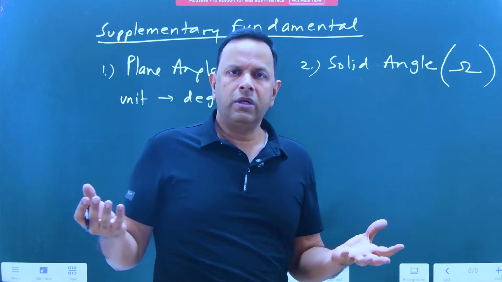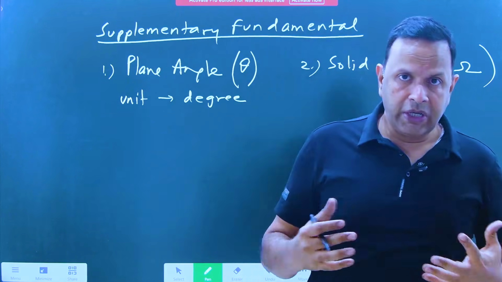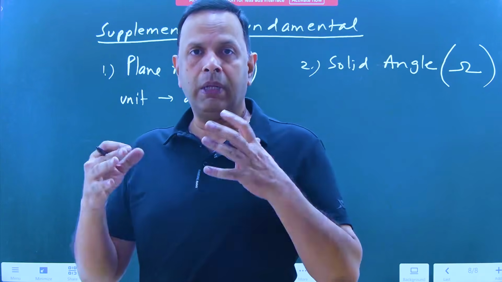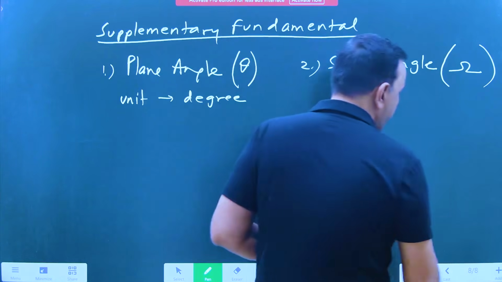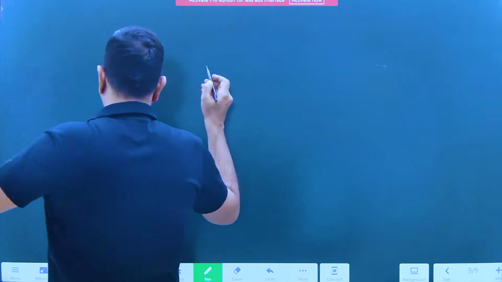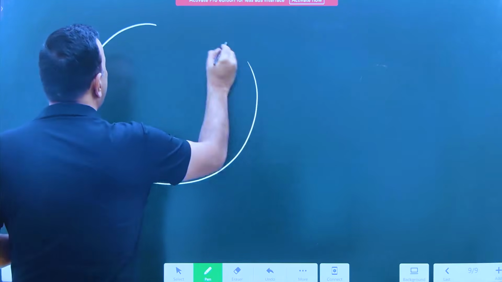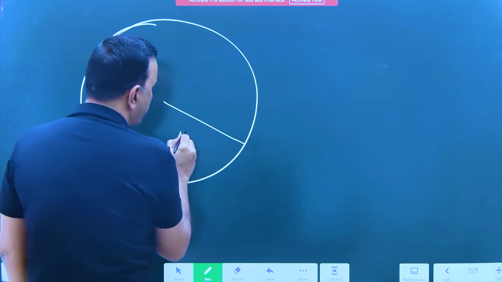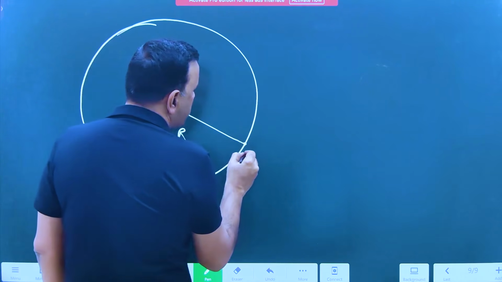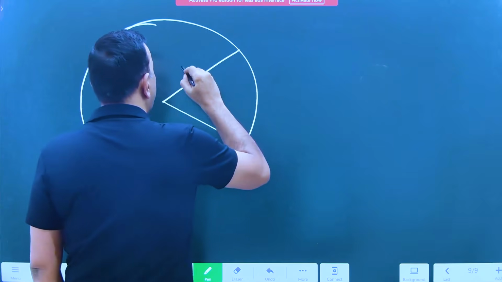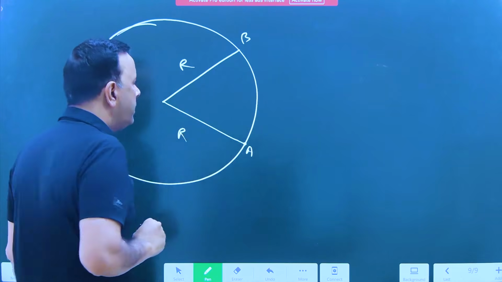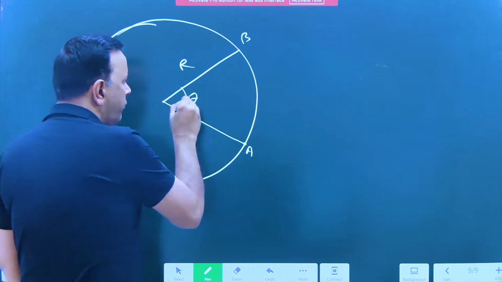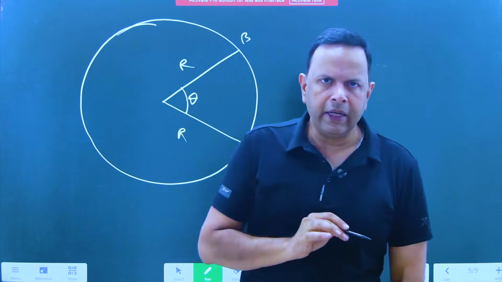In general, I said that angle represents the change in direction, but from the SI system point of view, the plane angle has a specific definition. It says consider a circle, make a radius, and let us call this point A. Make one more radius, and let us call that point B. Now, between these two radii, here is some angle and we are trying to define this angle theta.